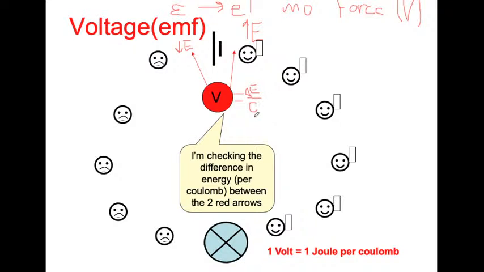We would write that as Q, I think. Yes. So the change in energy per coulomb, right? Those units will always be joules per coulomb, which we've talked about in a previous one. 1 volt is 1 joule per coulomb, and that's what we just focus on when we're thinking about these electromotive forces.